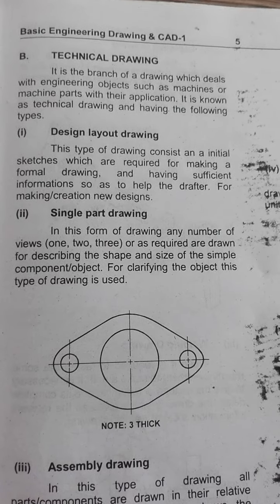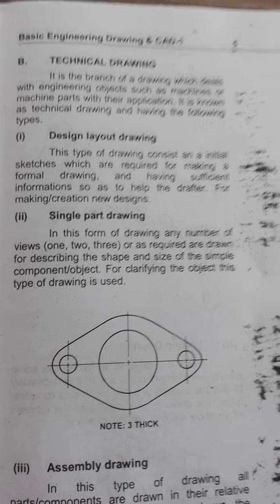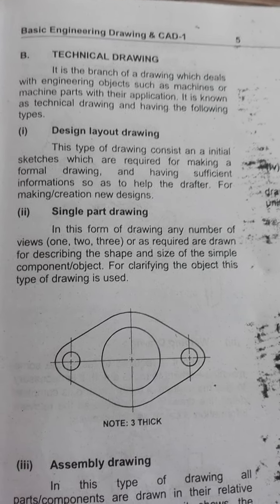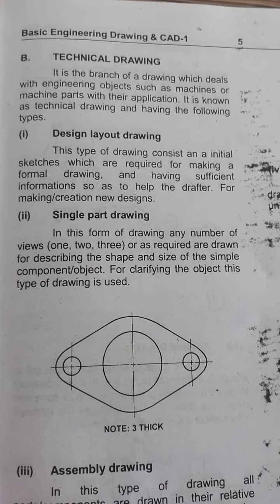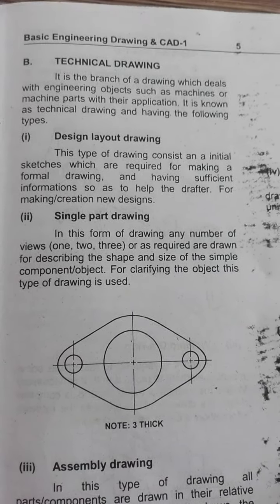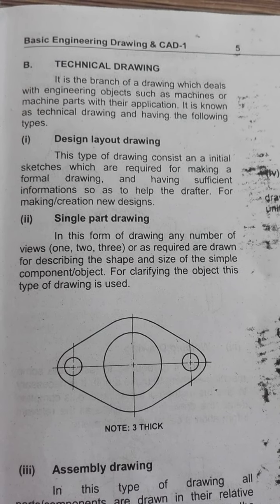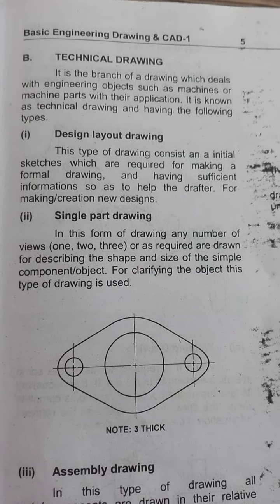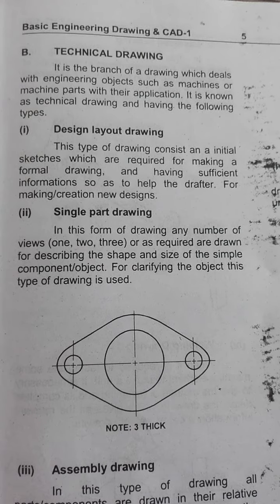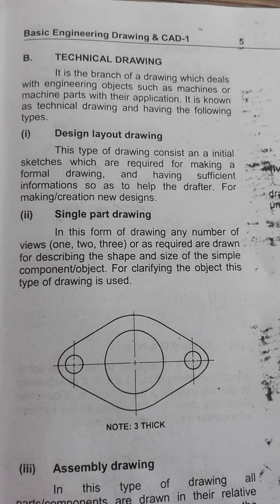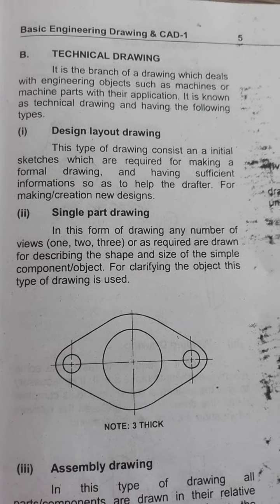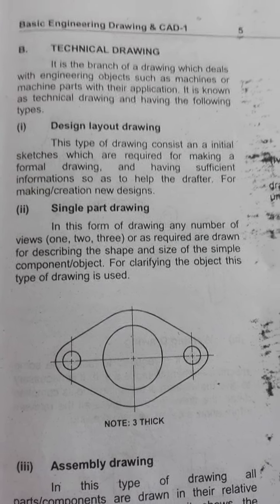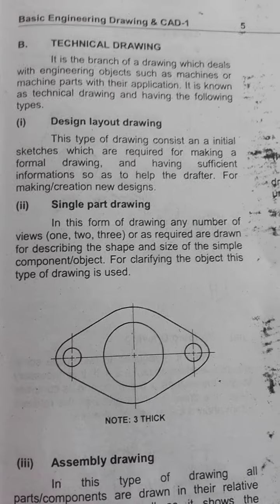If we draw the object in one view, that is called the single part or one view drawing. If we draw the object in two views, it is called the two view drawing. And if we draw the maximum three views of an object, that is called the three view drawing.